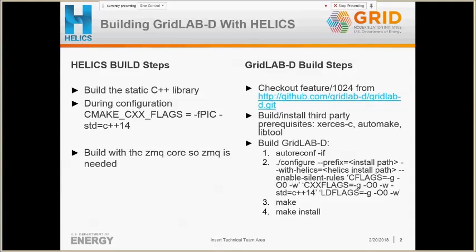GridLAB-D right now works under the assumption that Helix is built with the 0MQ core. Once the MPI core is fully available, I will be developing GridLAB-D to support the MPI core as a setting. But right now everything is based off of a 0MQ core, so you will need to make sure that 0MQ is installed on your system.